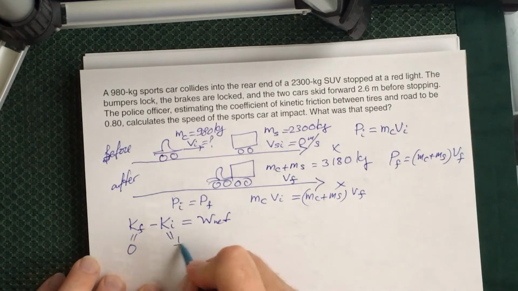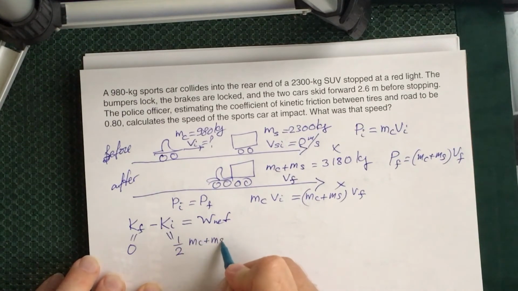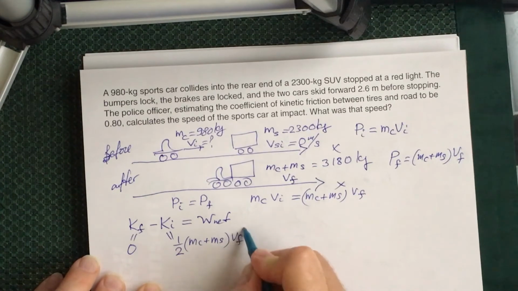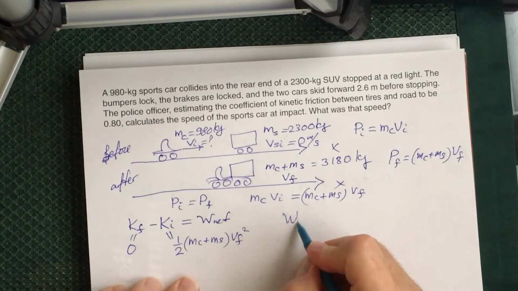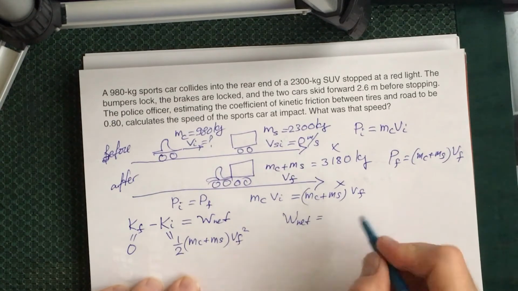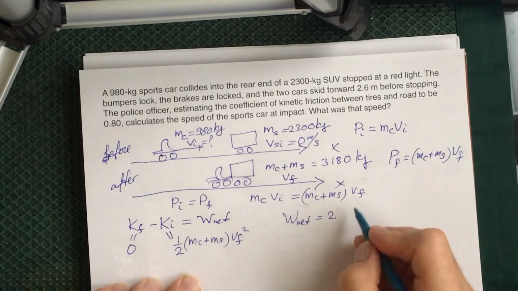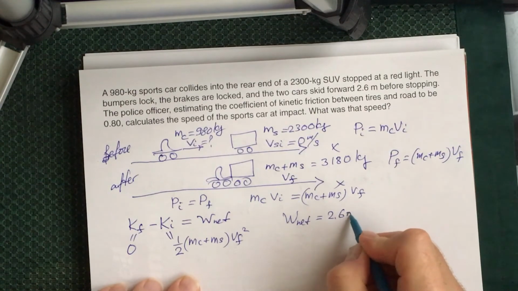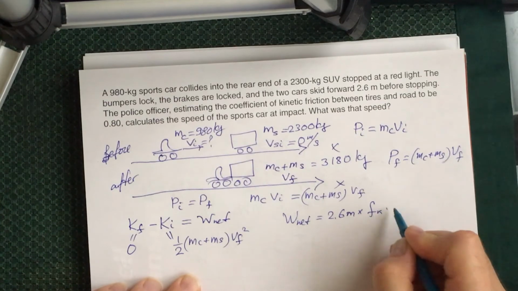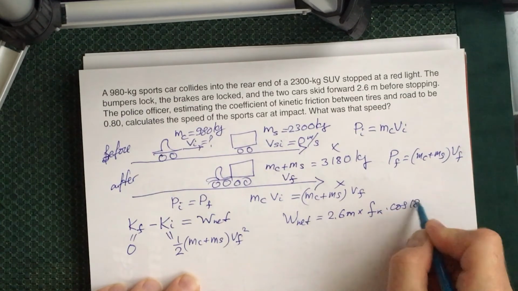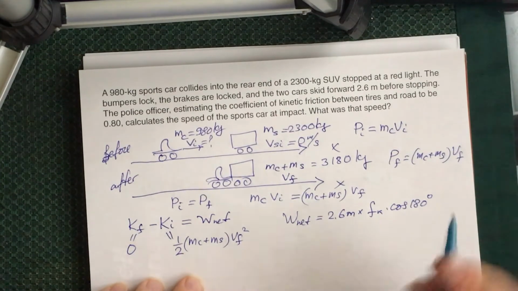The initial kinetic energy would be 1/2 times the mass of the car plus the mass of the SUV times V final squared. As for the work done by the friction force, this would be the displacement, or length of the path, 2.6 meters, times the kinetic friction force, times the cosine of the angle, 180 degrees, because our displacement and force are opposite to each other.